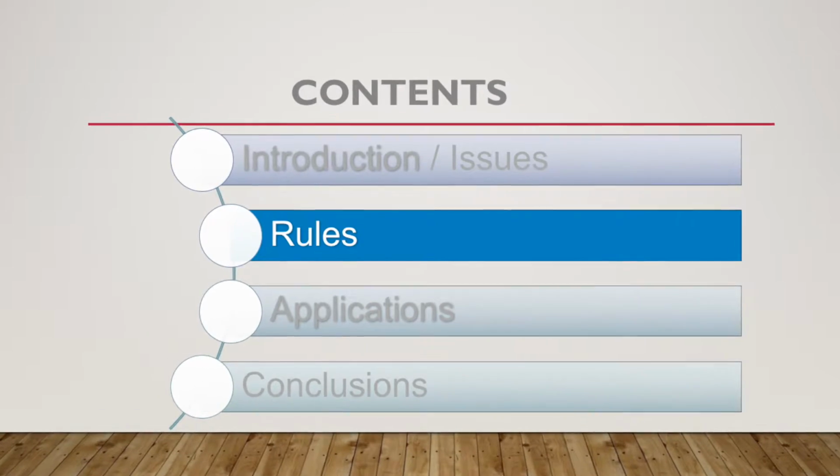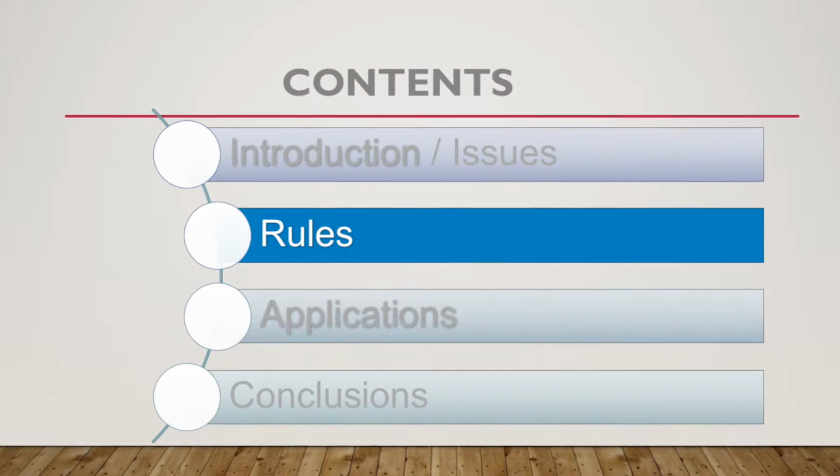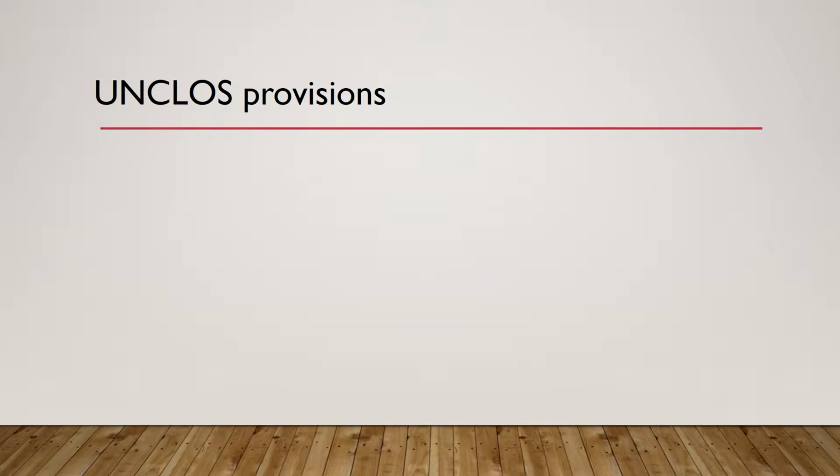For now, I'll be discussing the rules applied to this case, the Philippines versus China. Although China is claiming the area covered by the nine-dash line, UNCLOS provisions don't support this.